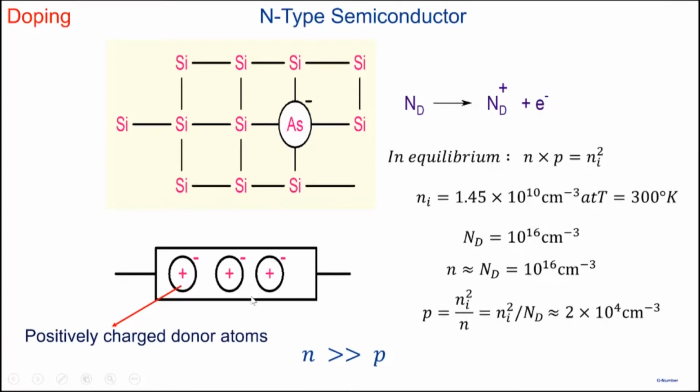And we have lots of electrons in the system, almost equal to the doping density, the number of dopant atoms that we've added here. So the number of electrons is practically equal to 10 power 16. Note that although the electrons have been shown close to the positively charged donor atom, the electrons are free. These electrons are in the conduction band. They're free to move in the lattice. Okay, so that's an N-type semiconductor.